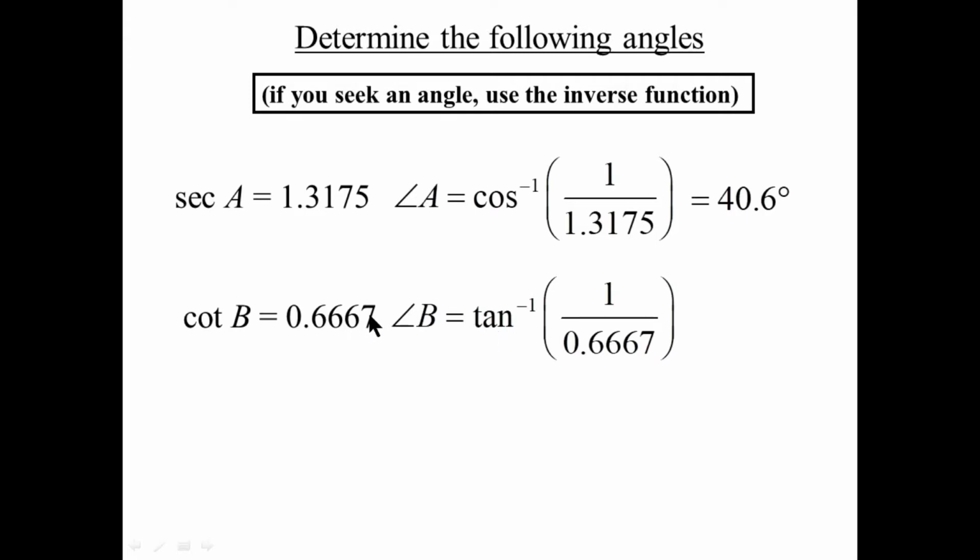So we'll take inverse tangent of the reciprocal of this, because we took the mutually reciprocal trig ratio. So angle B will be the inverse tangent of the reciprocal of 0.6667, and that's 56.3 degrees. Do it on a calculator and confirm it. Lastly, there's one for you to try on your own.